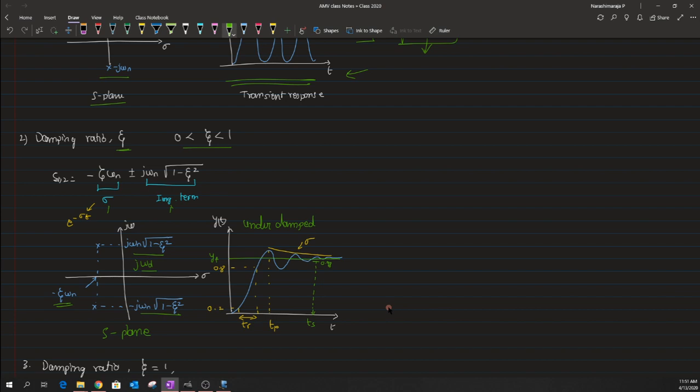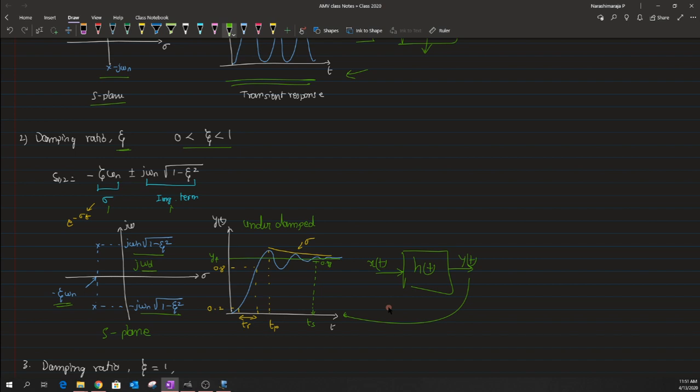Now in such a case, when I apply a step input to this second order LTI system, the output y of t generally has this kind of response, where you can see that the output has some sort of peaking, and there is an oscillation associated with this particular signal, defined by omega d.